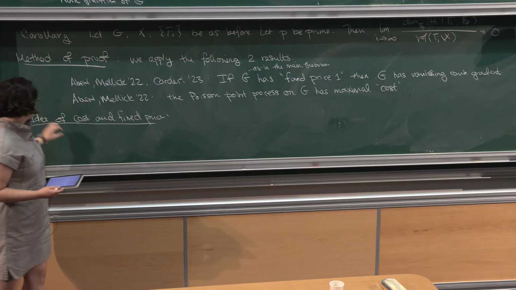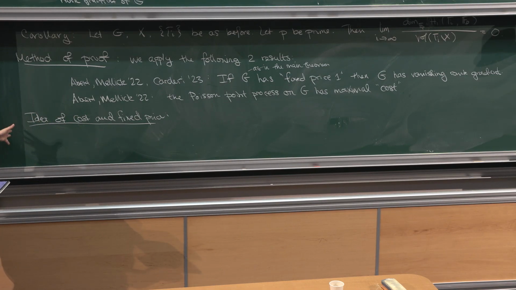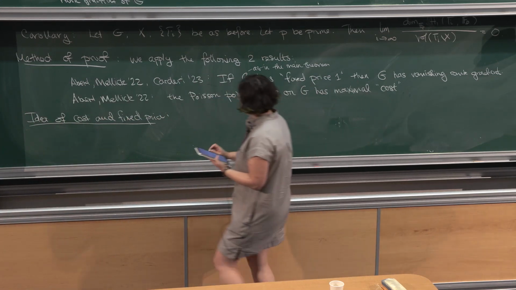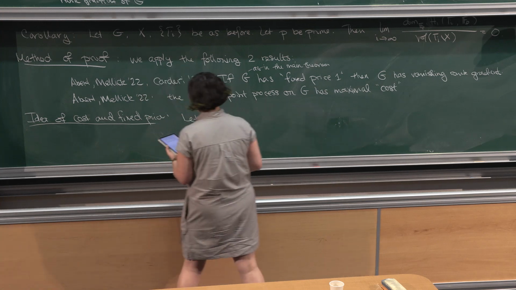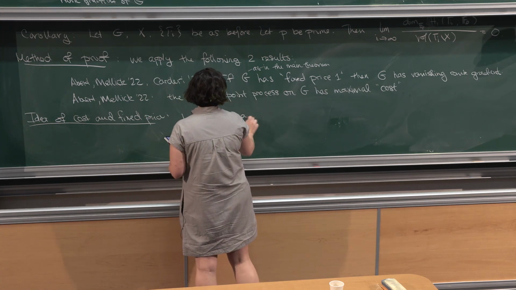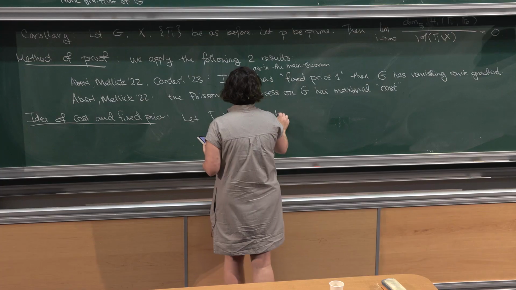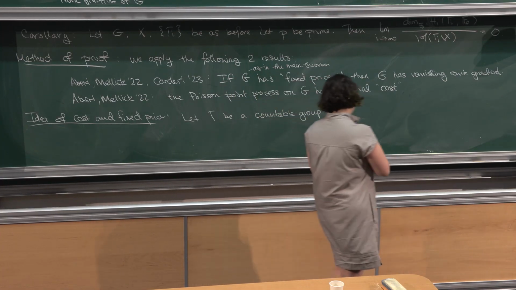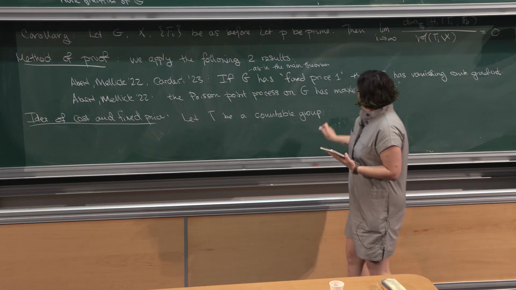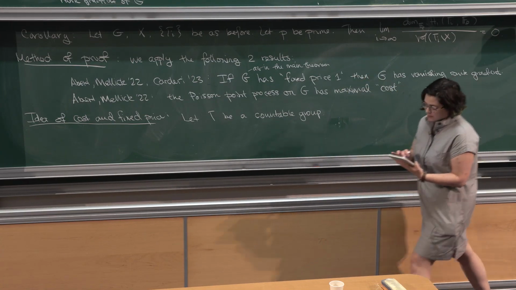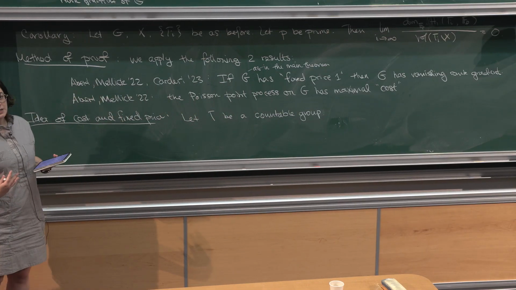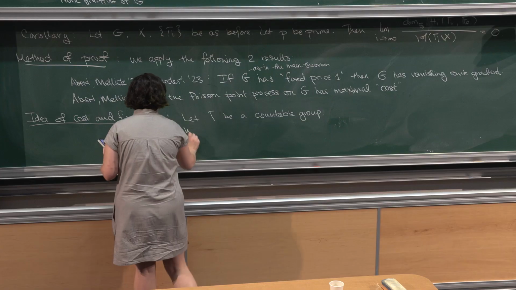Okay, so I'm just going to do some examples where we're thinking about the cost of a countable group. So we'll call that gamma. And we're going to consider measure preserving and essentially free actions of gamma on a standard probability space.